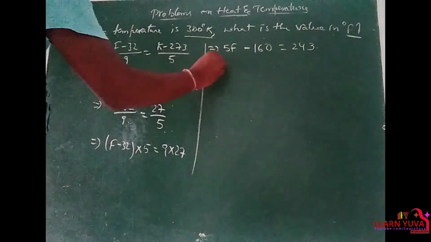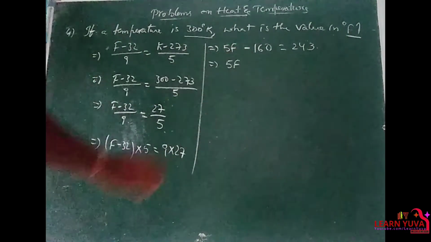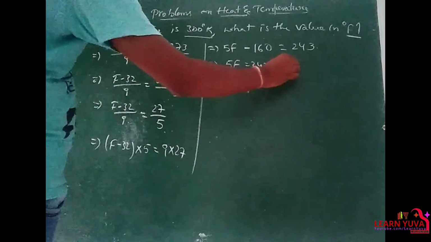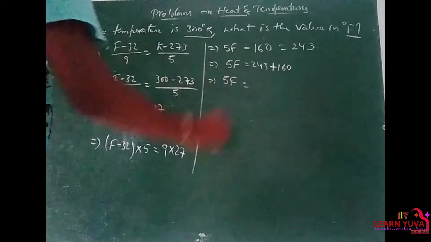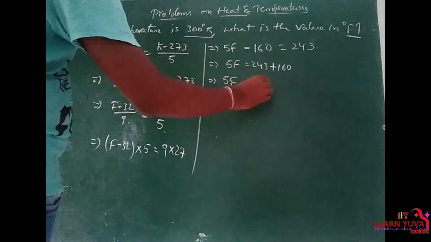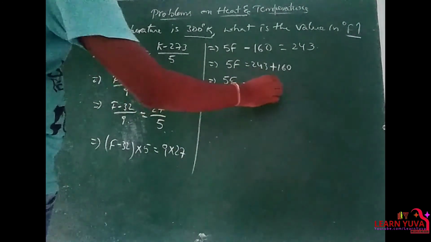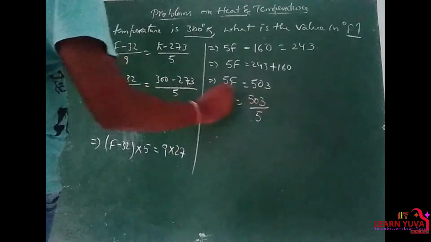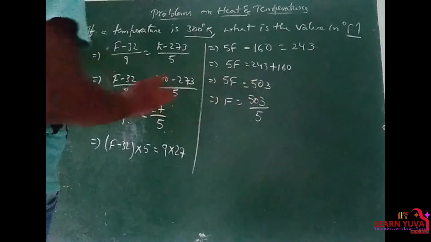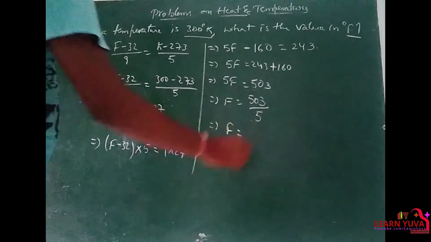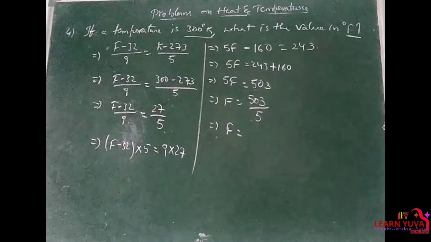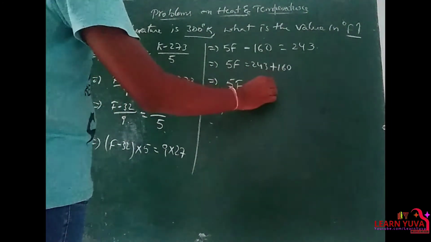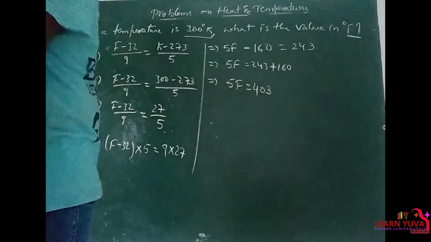So that implies 5F minus 160; if you send it to the right hand side, it will become plus 160. That implies 5F is equal to 403.